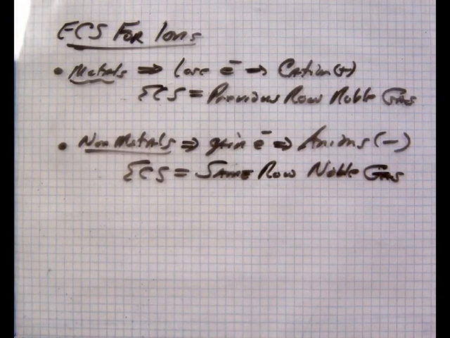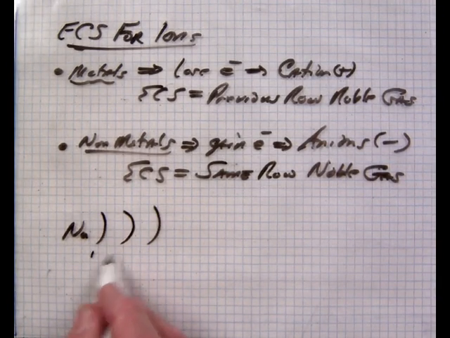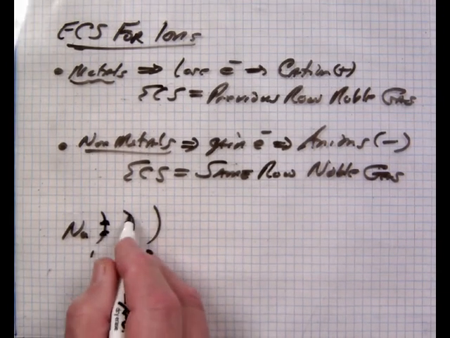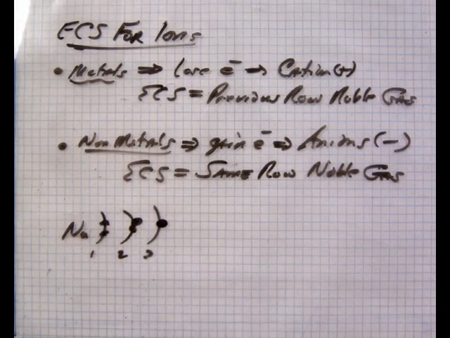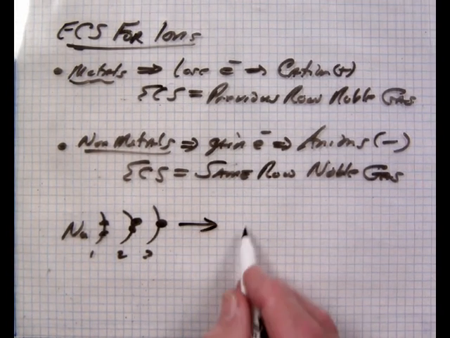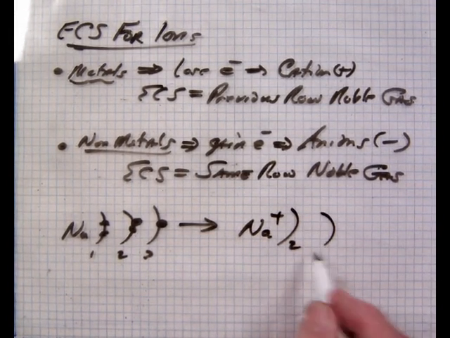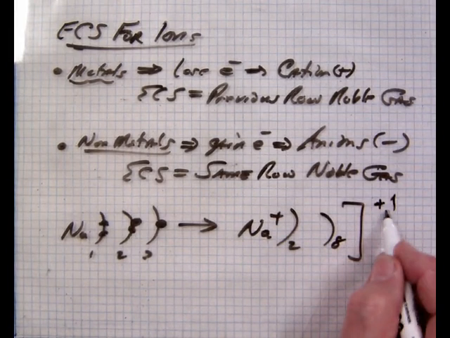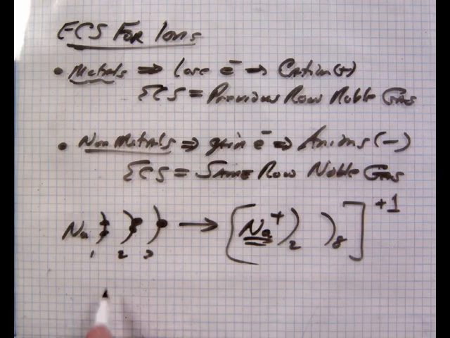Okay, so let's take sodium. It has 2 electrons here, 8 electrons here, and has one outer shell electron right there. So it prefers to lose instead of gain. So it goes to Na plus, and you've got 2 and 8, and that's a +1 right there. Now write the configuration for that. Well, sodium is the first one in the third row.